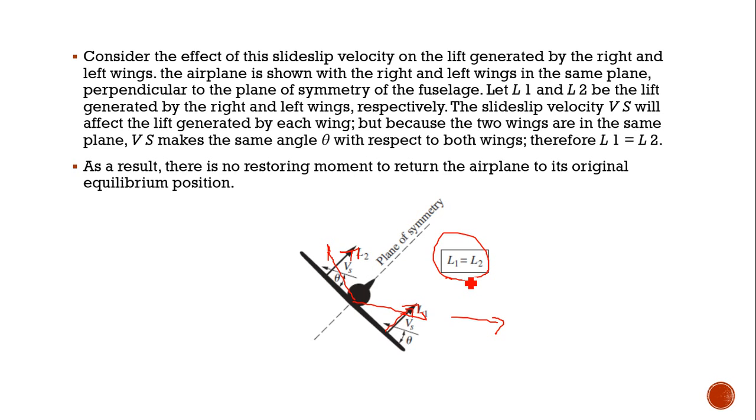So this problem is called the side slip problem. In a dihedral wing, the lift may not be equal in both wings. That means the lift in the left wing and the right wing is not equal, and because of that, the aircraft is corrected to its original position.